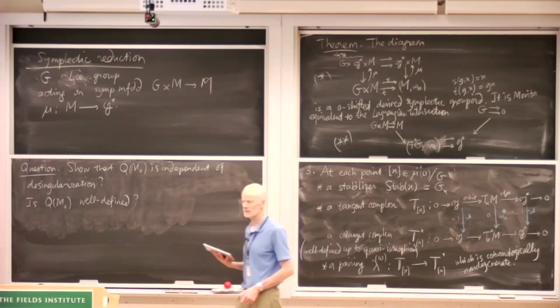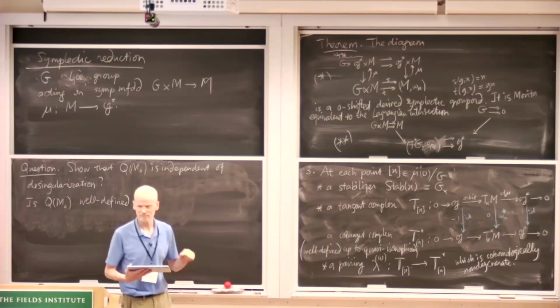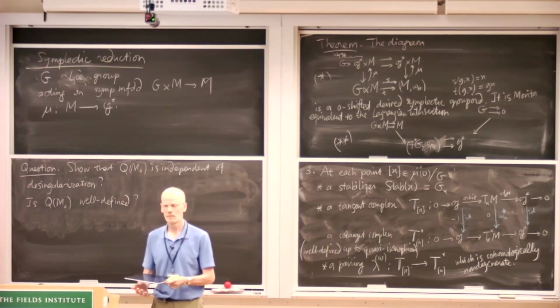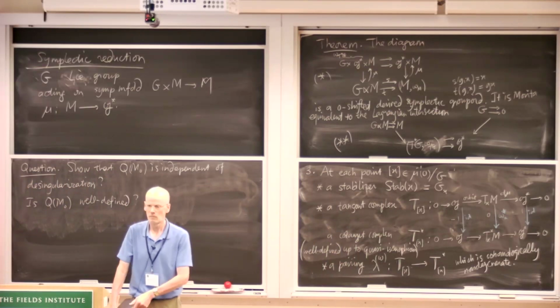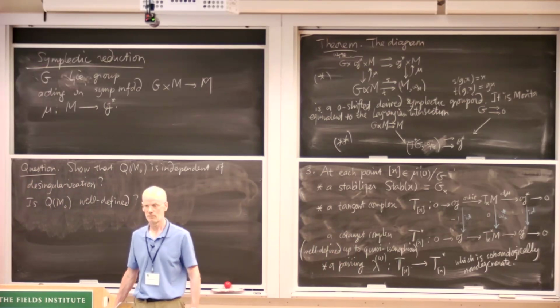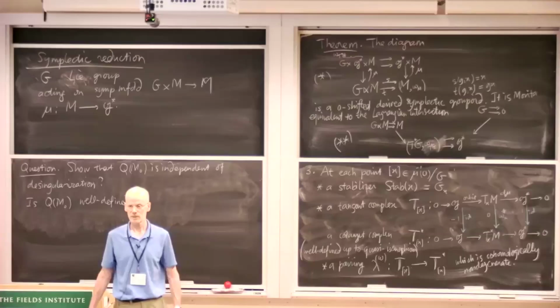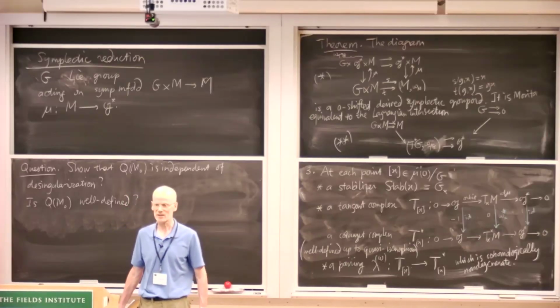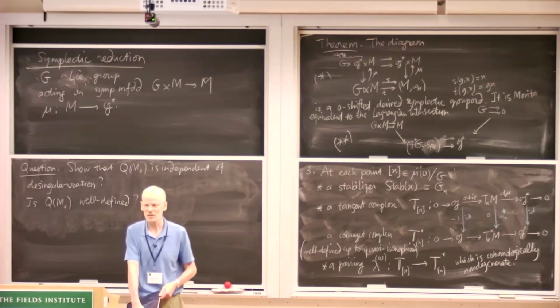Static or derived. When you talk about two reduced spaces being the same coming from different actions, what do you mean by the same? Equivalent as derived stacks. Well, that's part of the challenge.